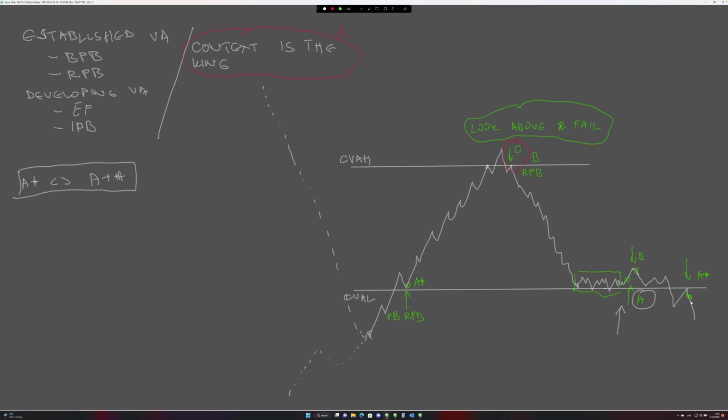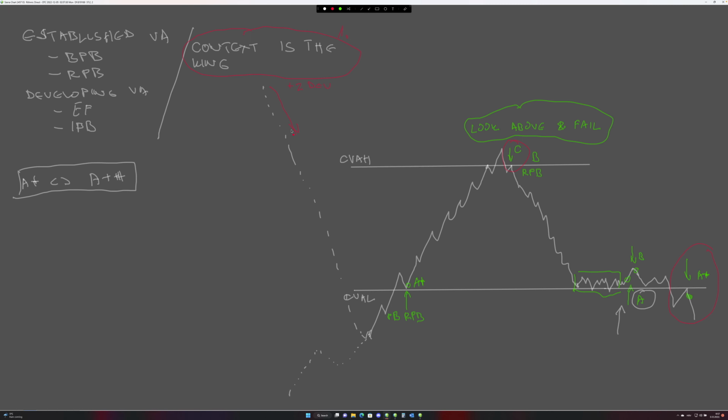Let's put it in this case here. The market comes from above. Let's say on the yearly, we come from the plus second deviation.